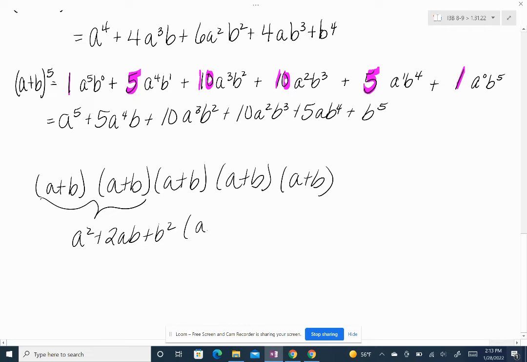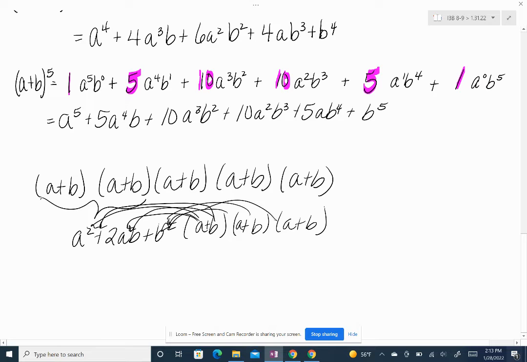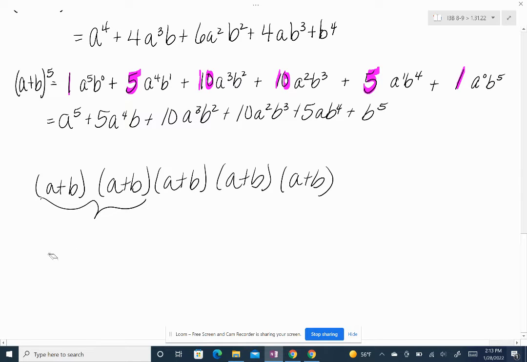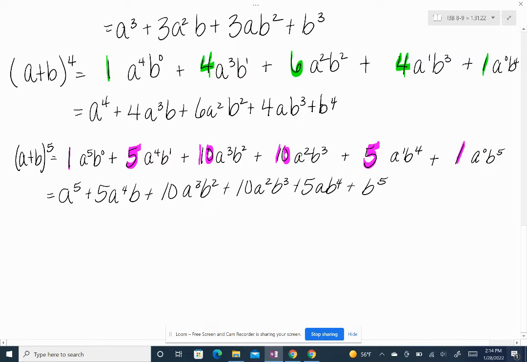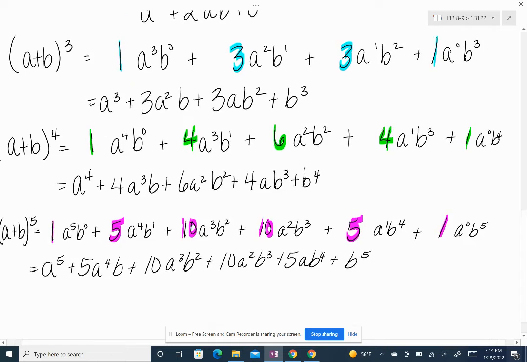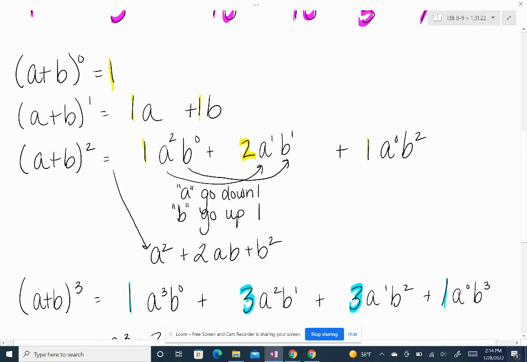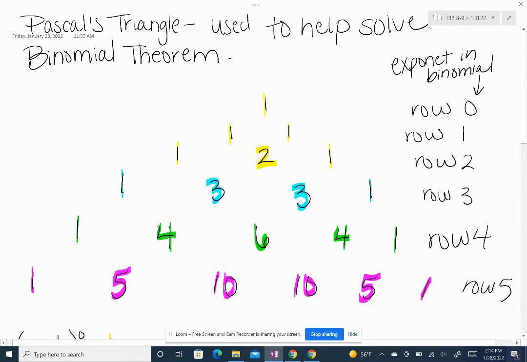And then you have to multiply it over and over and over again. So you have to multiply this and then this. Then you combine like terms, and you have to do it again and again and again, and it's really way more time consuming, I guarantee it. Obviously, if it's power of 2 FOIL, 3 and above, you're definitely going to want to use the Pascal's triangle.